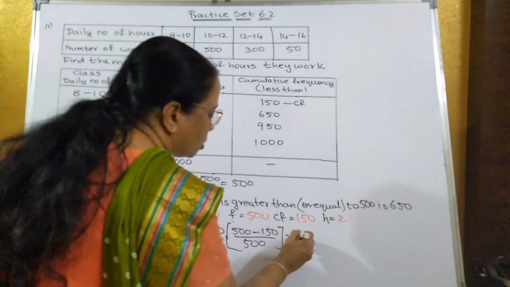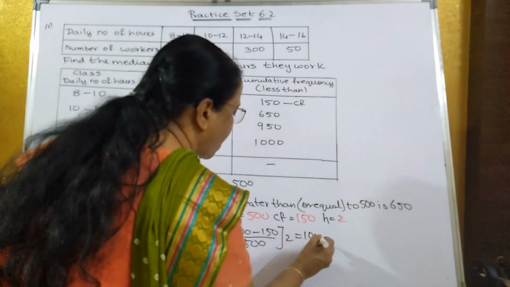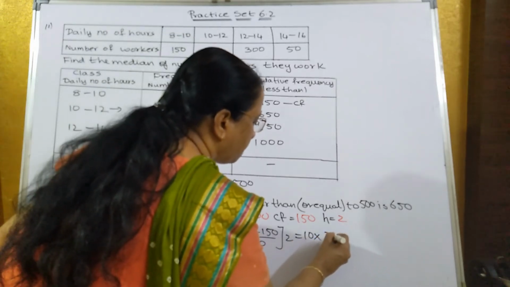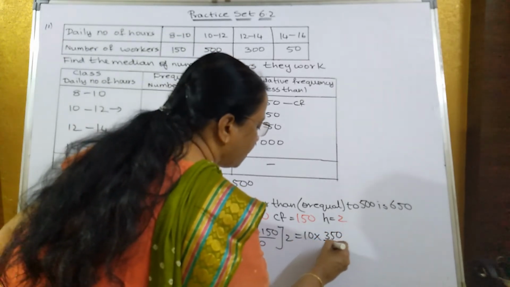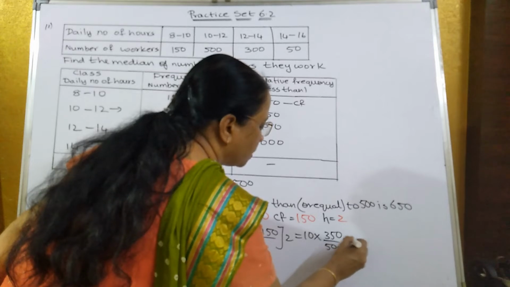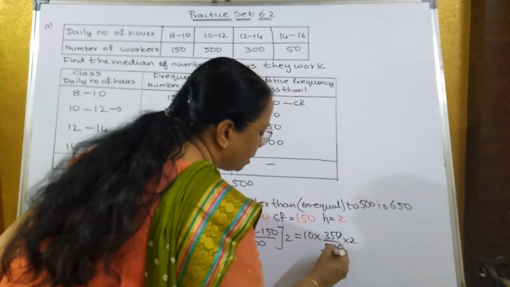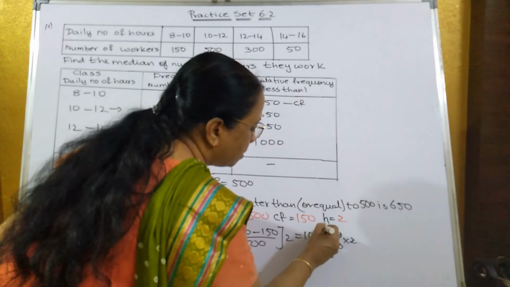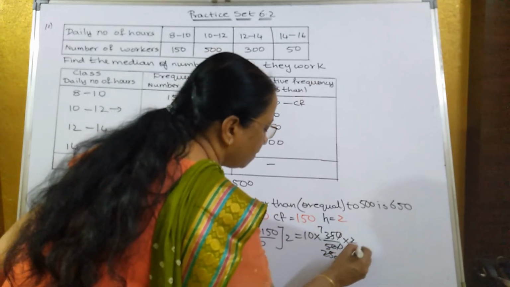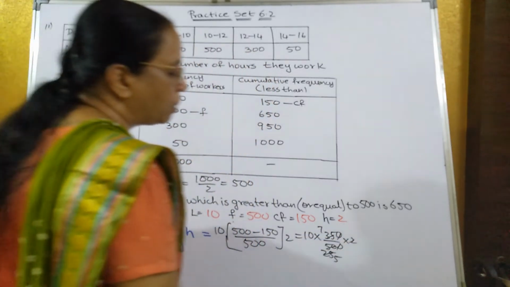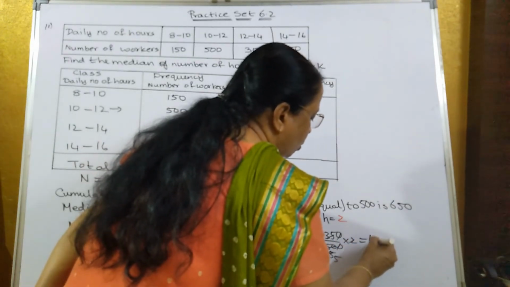So that is equal to 10 plus 500 minus 150, which is 350, upon 500 into 2. This 0 will get cancelled. This will go in 25. 2 25s are 50, it will go 7 upon 5. When you divide 7 by 5, you get 1.4.